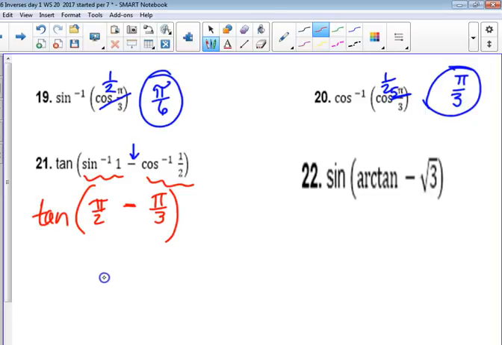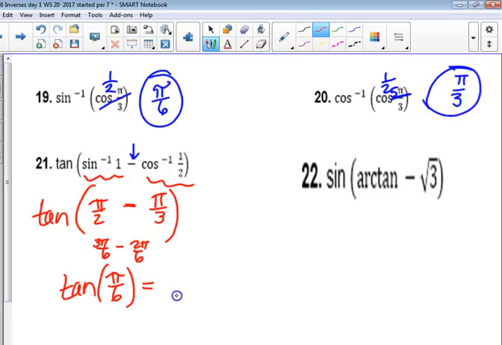I'd like to think you could all get a common denominator, but it's okay if you type 1/2 minus 1/3, math, enter. Throw the pi back on there. It's 3 pi over 6 minus 2 pi over 6, which is 1 pi over 6, or a 1/6 when you use your calculator. Okay, so now, Jared, can you go to pi over 6 and tell me what the tangent is?